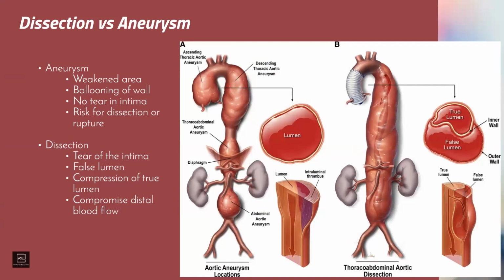There is a risk for an intimal tear to occur, thus converting an aneurysm to a dissection, but a true aneurysm has an intact, albeit weakened, aortic wall. Due to the ballooning of the aortic wall, these patients are also at risk for aortic rupture. Aneurysms may occur in the thorax or the abdomen, which can also be called a AAA, or abdominal aortic aneurysm.